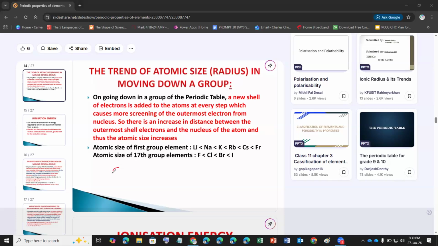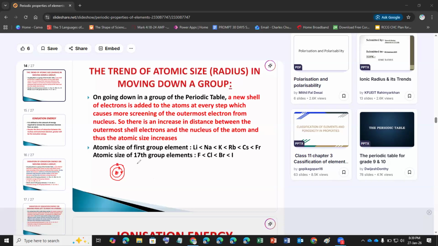So lithium looks something like this. 2 electrons in the shell around the nucleus, and then 1 electron out in the outermost shell, right?